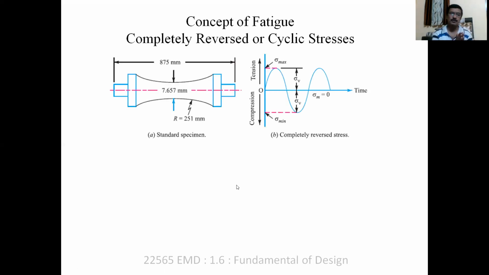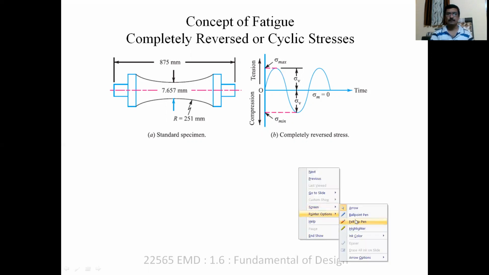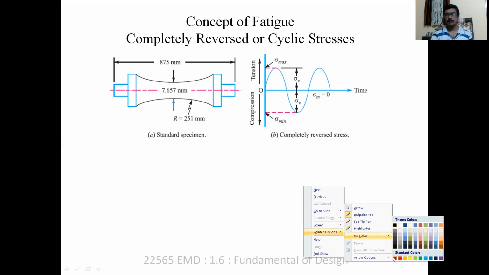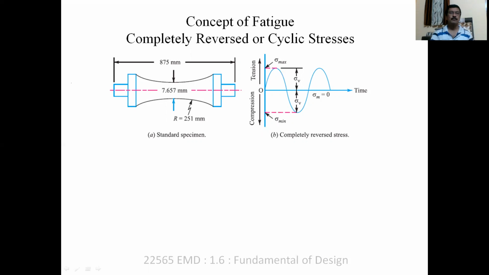Consider a particular standard specimen which is shown in the figure. Let me take my pen here.